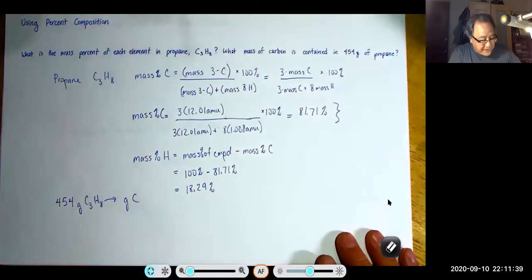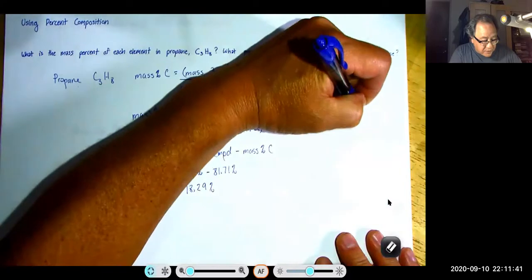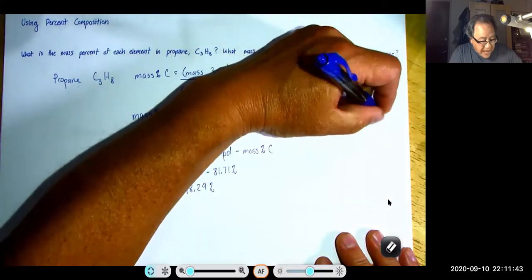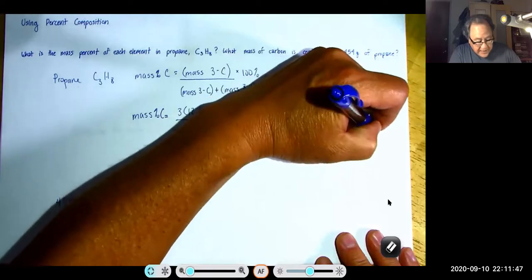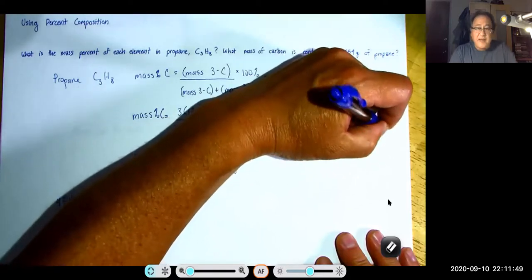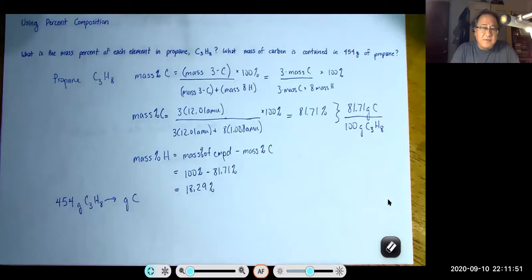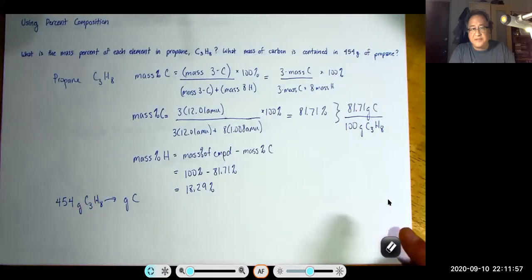This percentage means 81.71 grams of carbon out of 100 grams of C3H8, propane. Whenever you have a percentage, by definition, it means over 100. Don't move the decimal over 2 places. That's foolish. Put it over 100 because that's the definition.